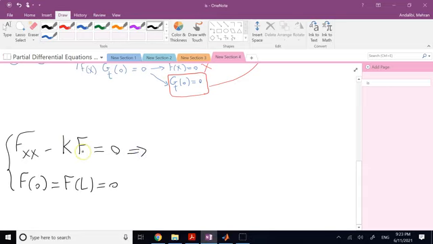What kind of function, because this is pure x, right? And this is an ODE, and from what you know from ODEs, the solution to this, depending on the value of k, could be different formats. So here it depends on whether k is positive, negative, and so on, right? Or even 0, because k here is completely what?